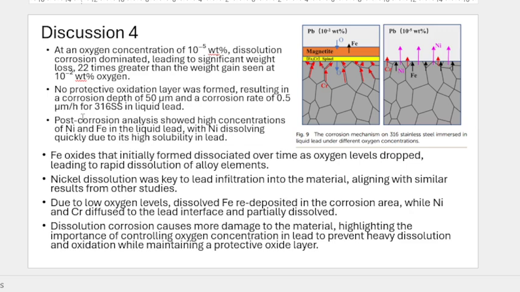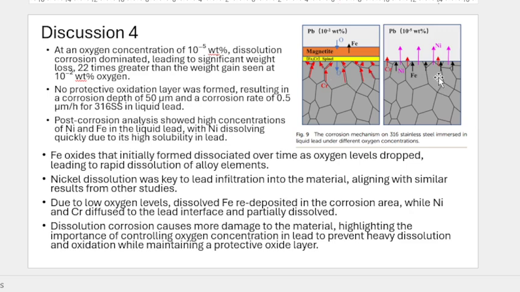As for the discussion 4, we can see this is the mechanism 10 to minus 2 over here with the formation of magnetite and iron chromium spinel with chromium diffuse through the grain boundary.